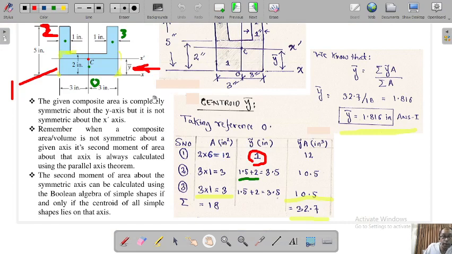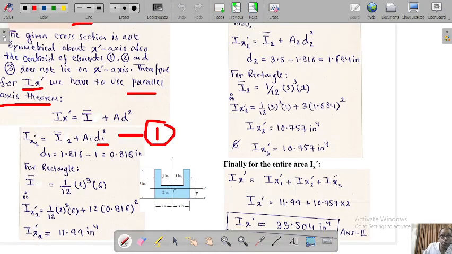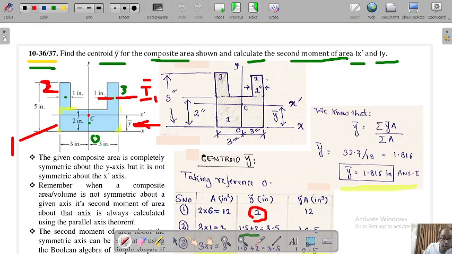Sorry, I1 is for the first rectangle, so this axis is going to be I2.